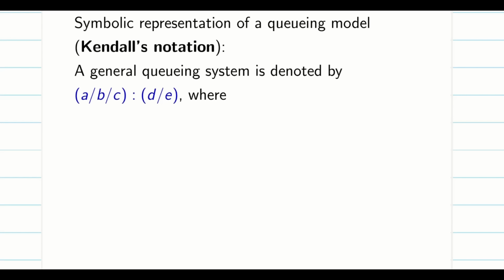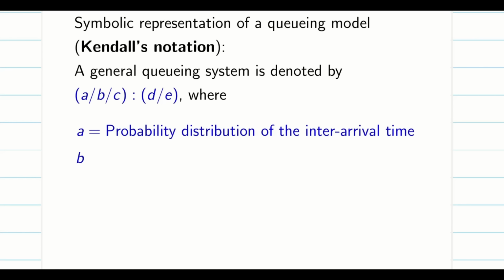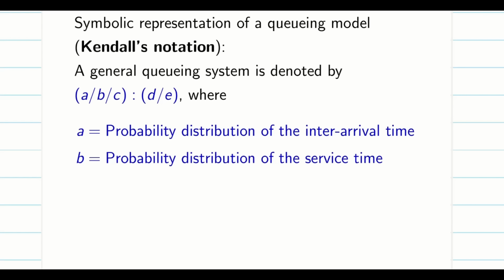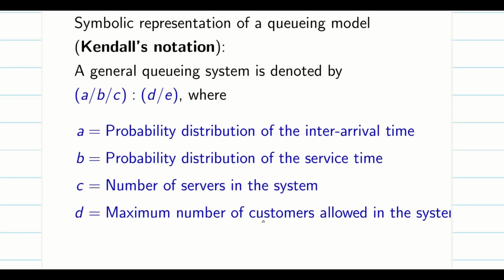Whenever there is a queuing model, first we have to speak about the customers. So, A is the probability distribution of the inter-arrival time. It denotes the arrival rate of the customers. Then obviously B is going to be what? Service time for the customer, the service rate. And C, we already said, is the channels, the number of servers in the system. And D is going to be the system capacity, the maximum number of customers which are going to be allowed into the system.